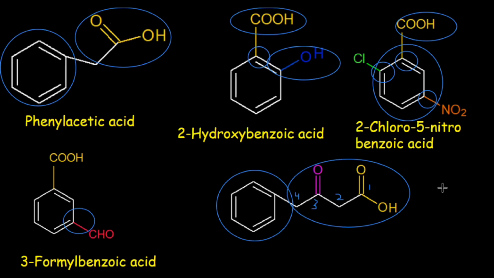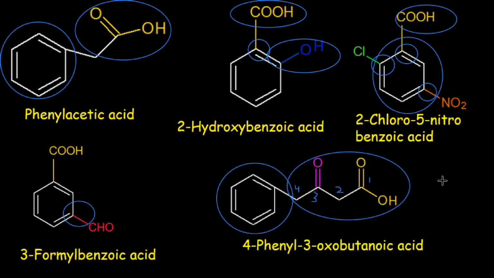So the name of the molecule would be 4-phenyl-3-oxobutanoic acid. Four carbons are associated with butane, and the carbonyl carbon of the carboxylic acid has been numbered. So we have to use the word butanoic acid.